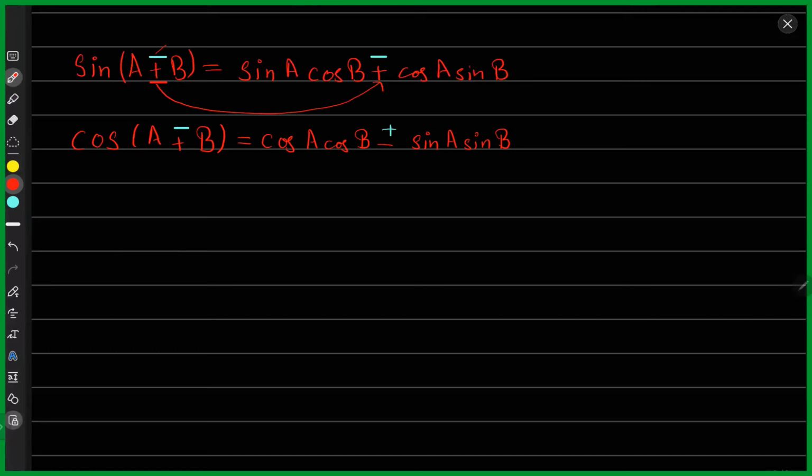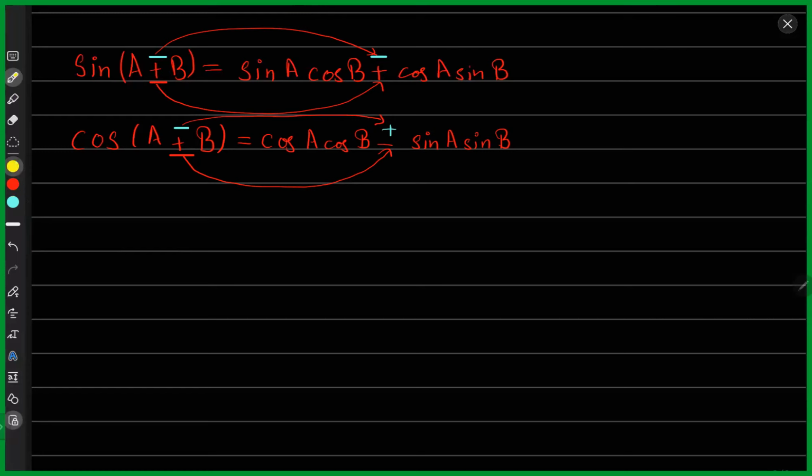And if we have negative, we would be having negative here as well. And in cos, it's the other way around. If you have positive, you would be having negative, and if you have negative, you would be having positive in the formula. So this is the difference.